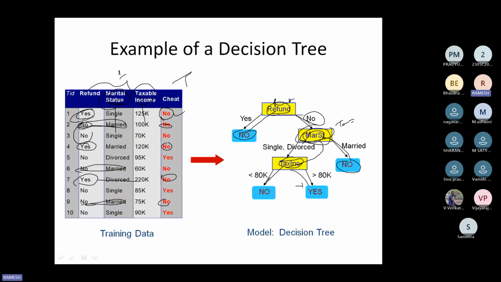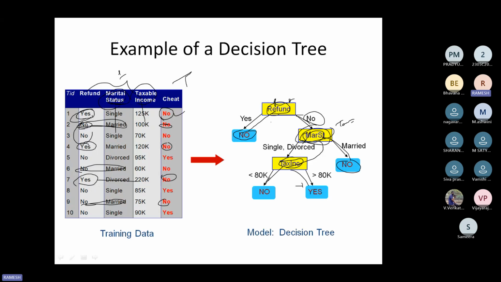Understood? There are three features in the given data set. Which feature should we select as the root node? That is our big question in a decision tree. We are not selecting a root node randomly. There is some logic, like proportionality: how the target variable is behaving with each and every feature.